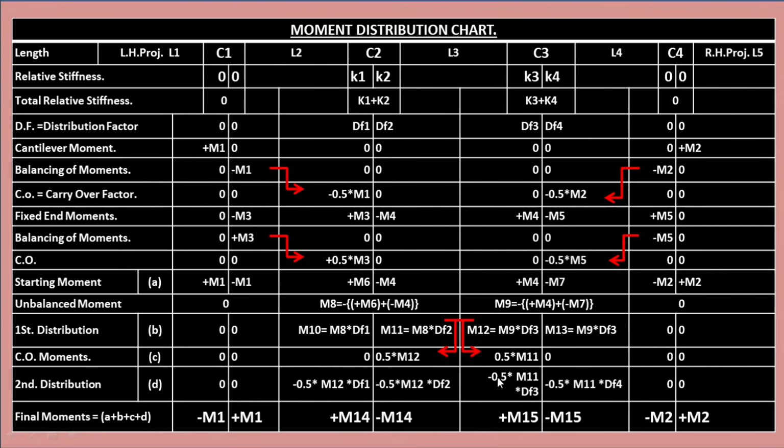Similarly for minus M5 into M11 into dF3, minus M5 into M11 into dF4. Final moment will be like that: minus M1 plus M14 minus M14. This is the sum of all this moment. M15 minus M15, minus M2 plus M2.